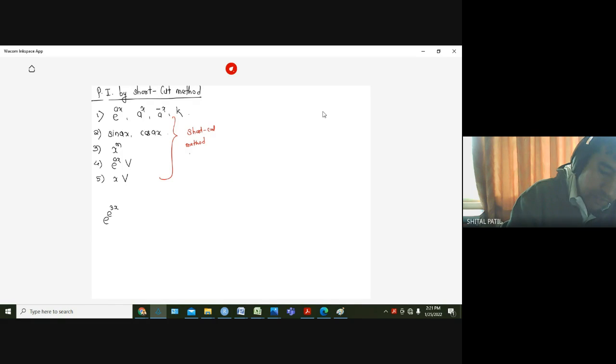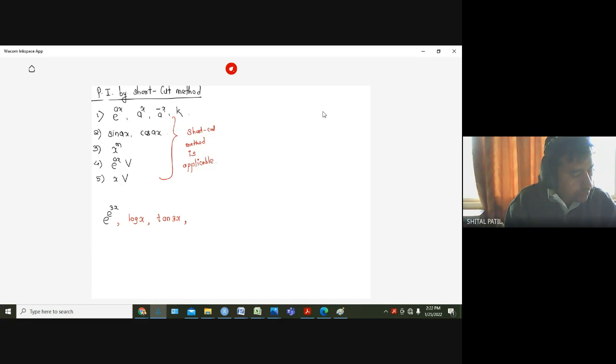Suppose log of x, can you use the shortcut method? Tan of 3x, can you use the shortcut method? No. Right? You might have seen this.